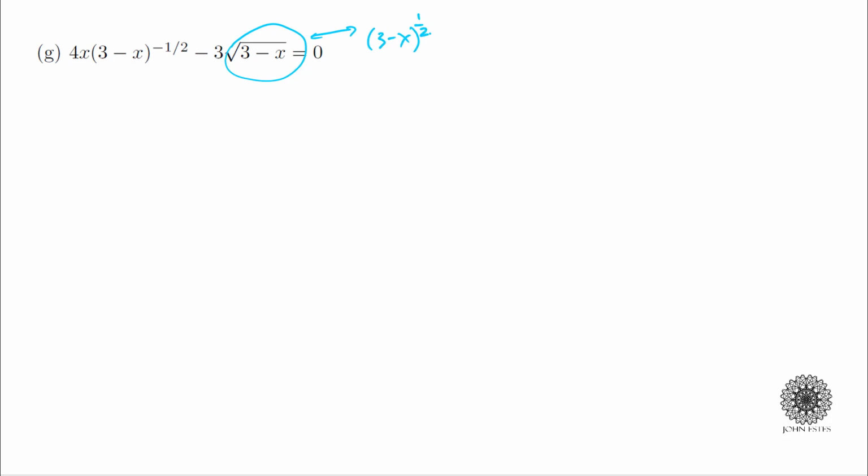So let me rewrite this. I have 4x times 3 minus x to the negative 1/2 minus 3 times 3 minus x to the 1/2 equals 0. What I want to do here is multiply both sides of my equation by 3 minus x to the 1/2 power.